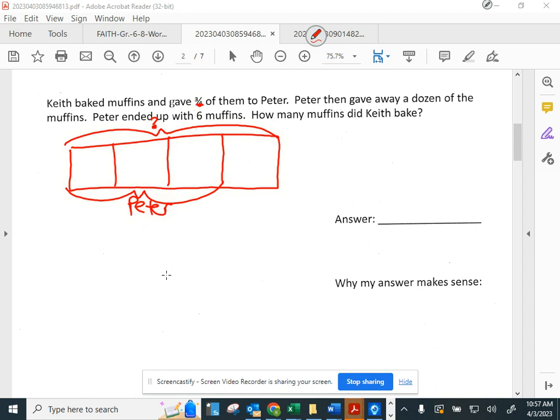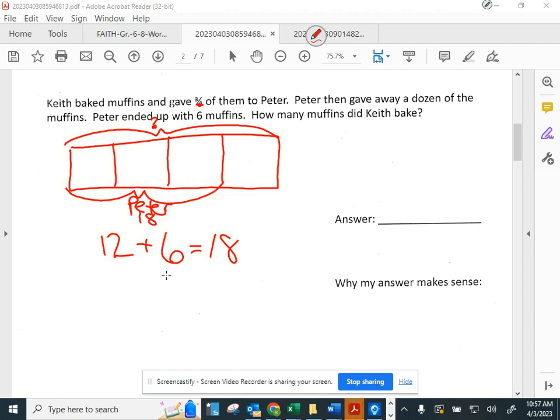So Peter gives away a dozen, and he has 6 left. So how many did Keith give to Peter? Oh, 18, because he was able to give 12 away and he had 6 left, so that means he was given 18 muffins. And we have 3 sections.